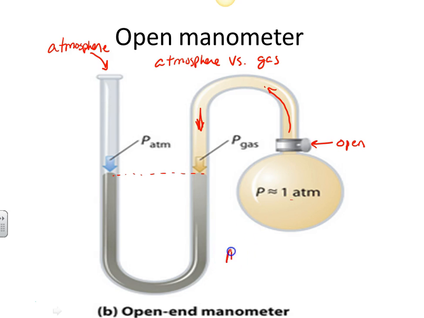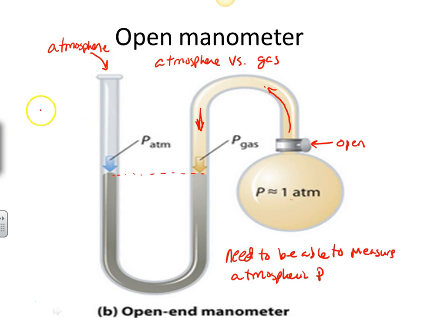To be able to use this, we need to be able to measure atmospheric pressure. If the mercury level is higher on the atmosphere side, mercury higher here, then the gas pressure is higher than atmospheric.